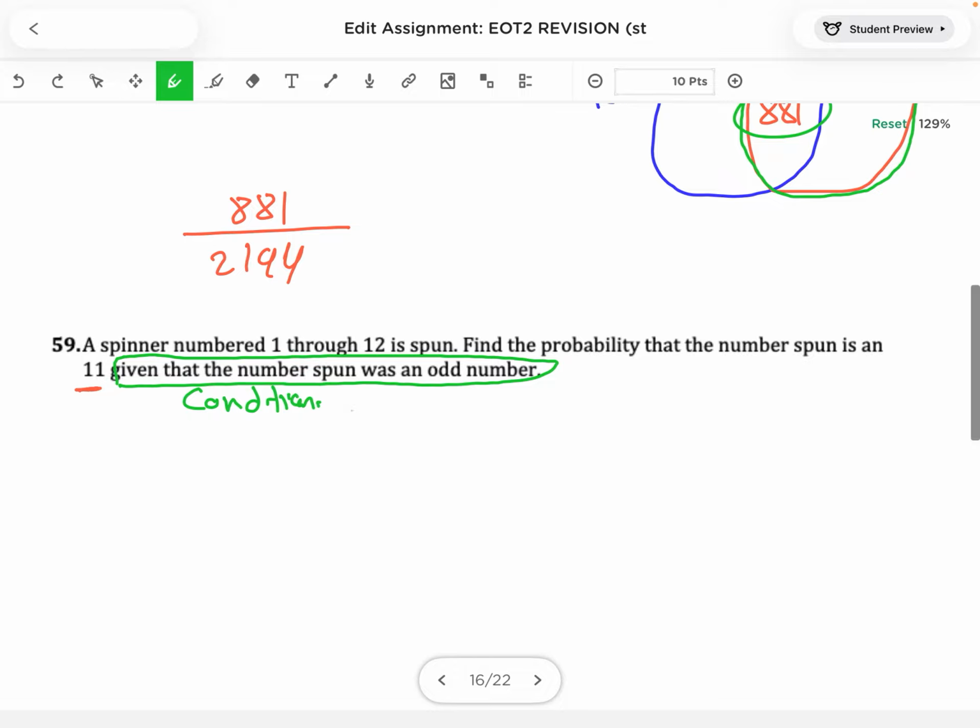The condition was an odd number. What are the odd numbers from 1 to 12? It is 1, 3, 5, 7, 9, and 11. 1, 2, 3, 4, 5, 6 numbers. From those 6 numbers, how many 11s do we have? We have only one 11. So 1/6. This is the answer.